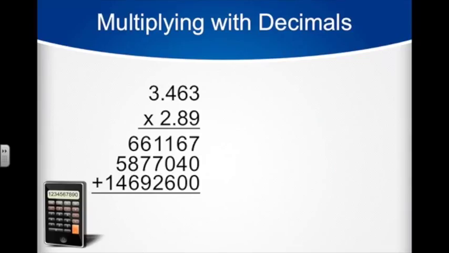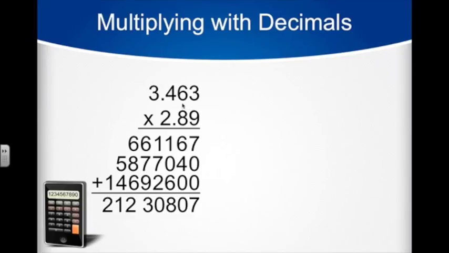Now we just need to add up the columns to get 212,30807. But we forgot about the decimals. Don't worry, because we wouldn't have done anything different up to this point anyway. What we need to do now is to count up how many decimal places were in the two numbers we multiplied combined.